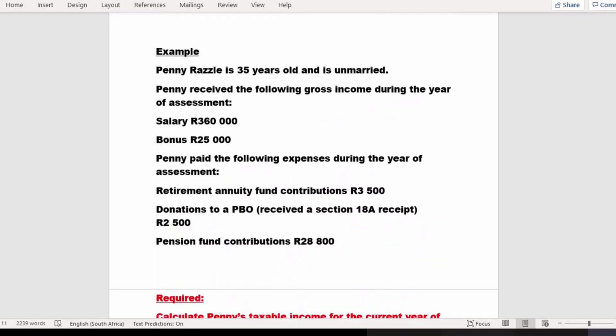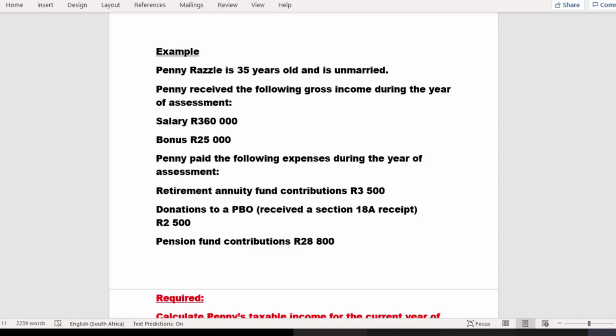Okay, I've got this question for you. That brings us to the end of our theory in regard to learning unit 6. Anyway, we did it last week, but I was just trying to clarify it. So we've got Penny Russell, who is 35 years old and is unmarried. I took this from your guide.